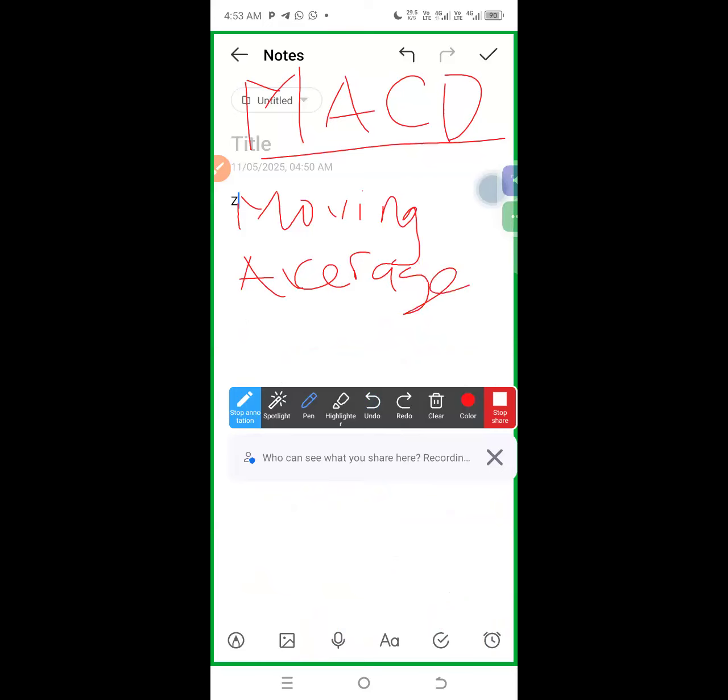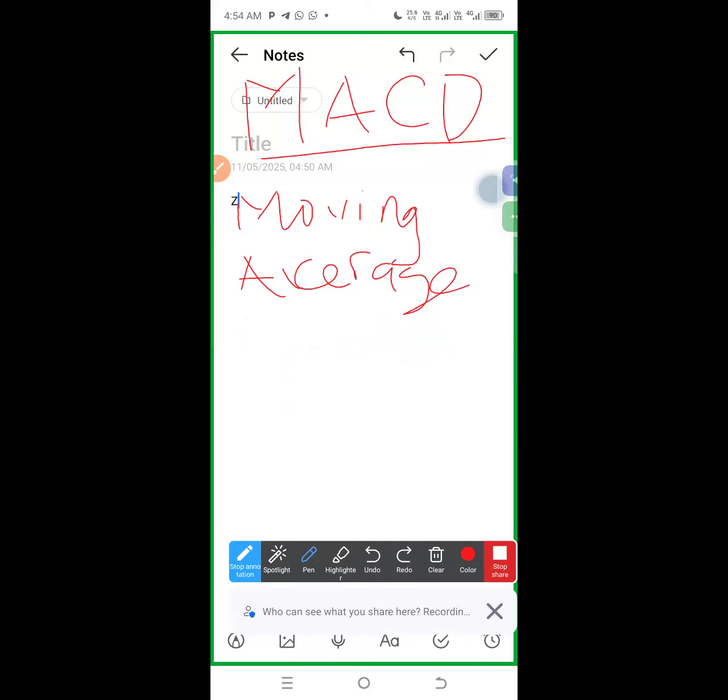The main work of MACD is to first help traders identify the market trend, the price trend, and then also price momentum.